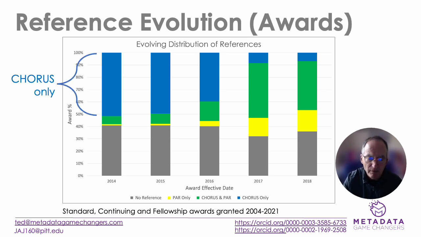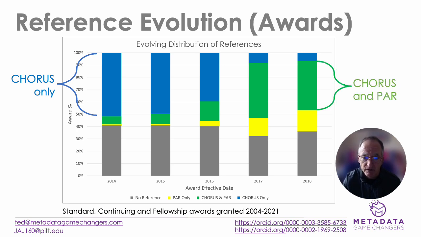The blue boxes here are the percentage of references which are only in chorus, which decreased significantly through this time period, which is great. Chorus and PAR, quite a large number of things that are in chorus and also being referenced from PAR. Good stuff. The yellow slice is PAR only. It's also gotten quite a bit larger.